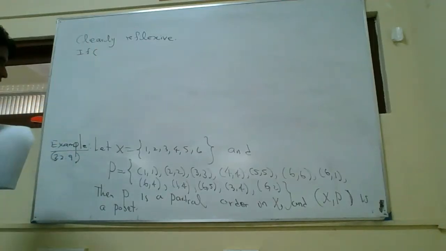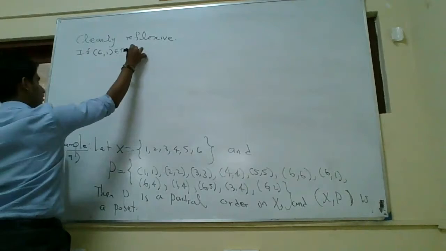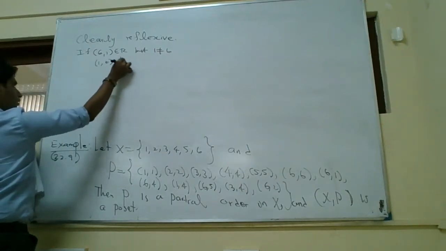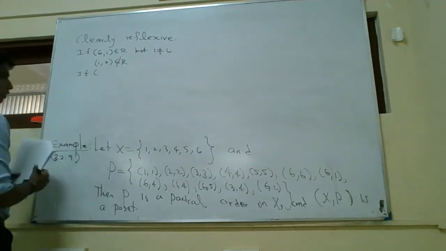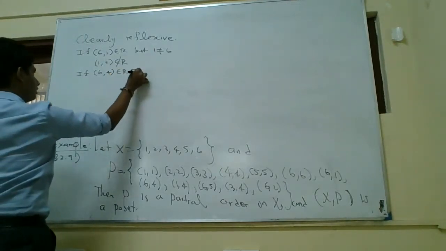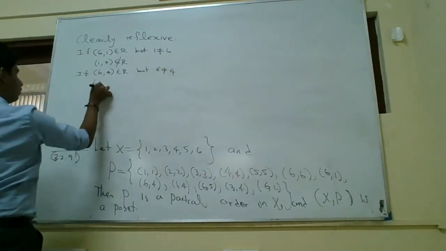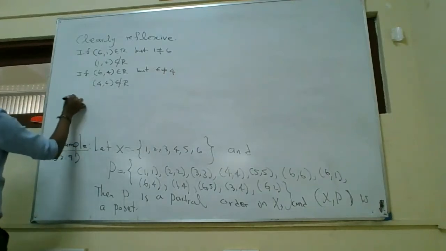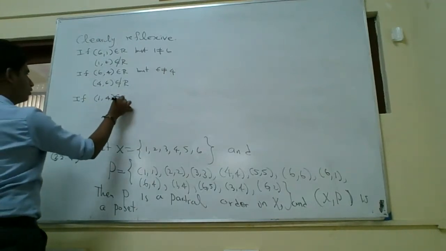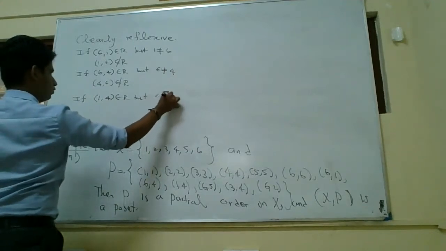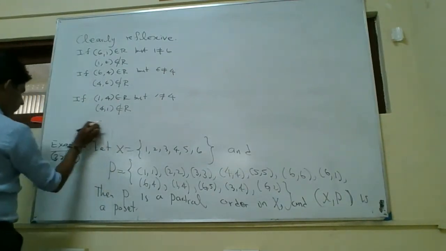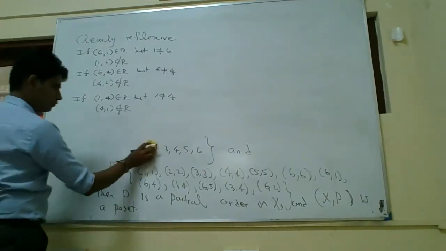If (6,1) belongs to R, but 1 is not equal to 6, therefore (1,6) does not belong to R. If (6,4) belongs to R, but 6 is not equal to 4, (4,6) does not belong to R. If (1,4) belongs to R, but 1 is not equal to 4, (4,1) also does not belong to R. This is a very important writing part.